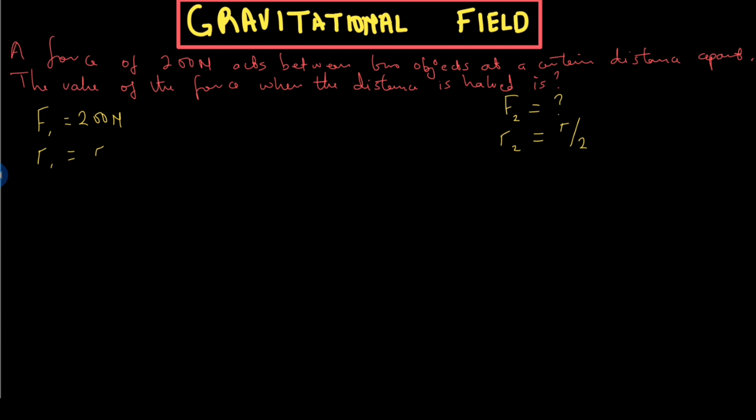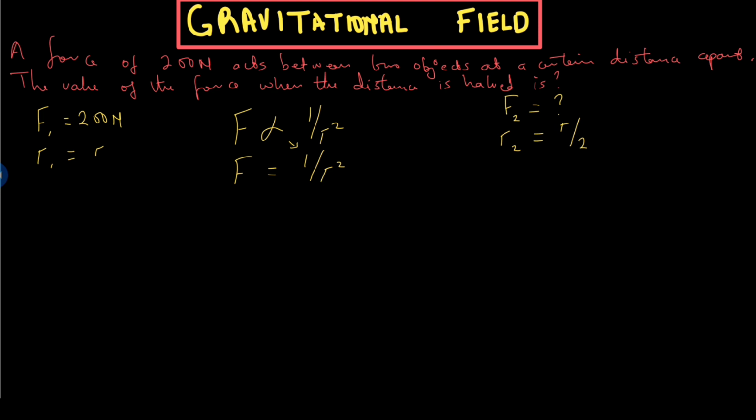Now, what do we know? We know that the force is inversely proportional to the square of the distance. Turning this into an equation, you can say F equals 1 over R squared, where the 1 can be your constant.